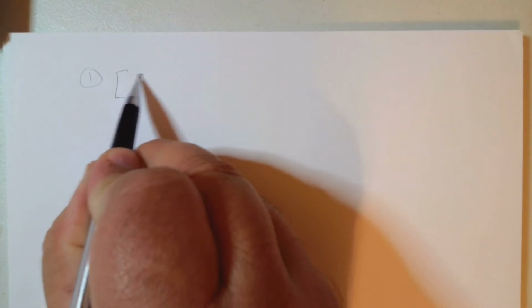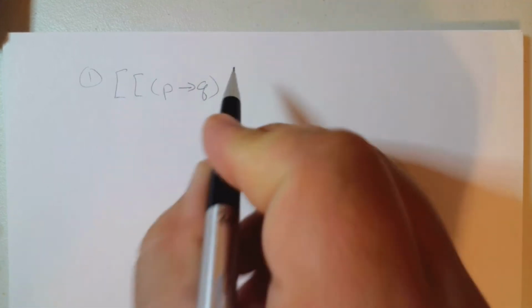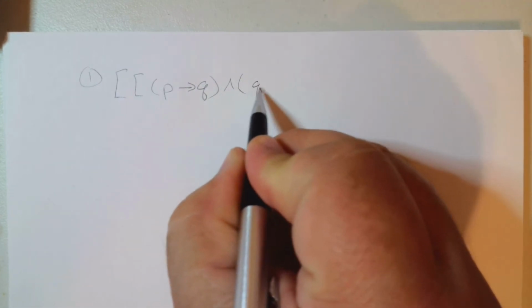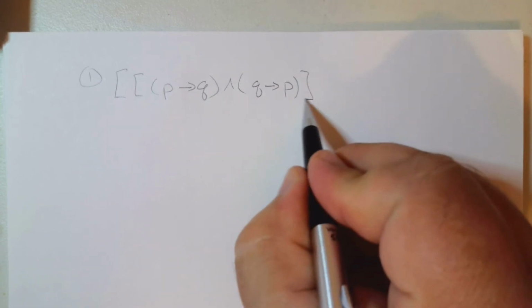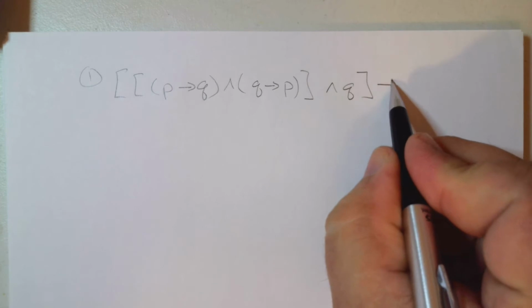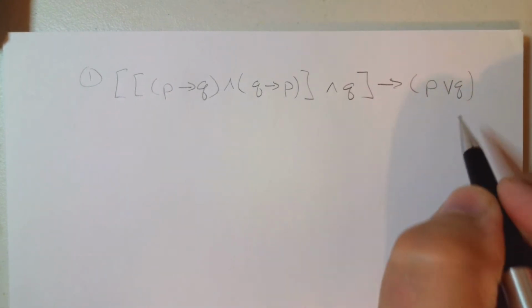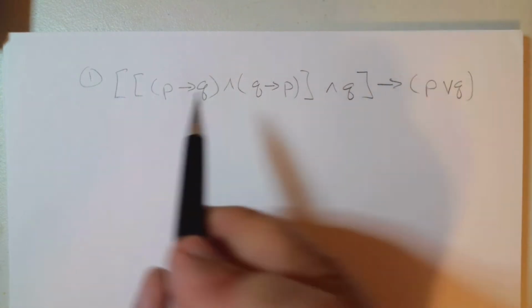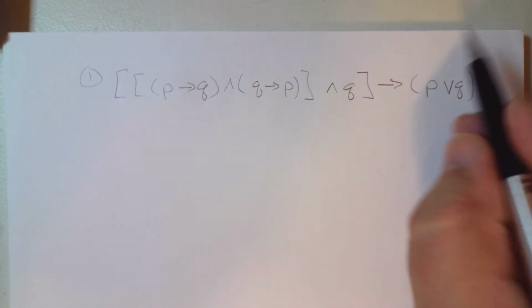So, number 1. If P, then Q, and if Q, then P, and Q, then P or Q. So these are your premises. This is your conclusion.